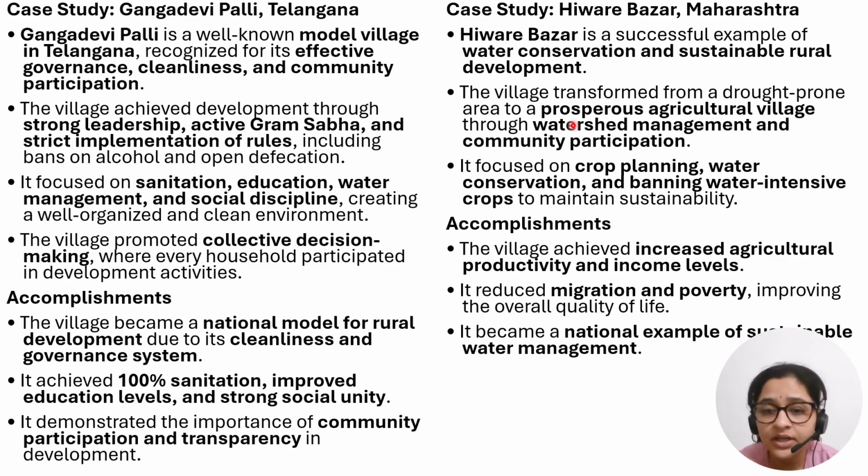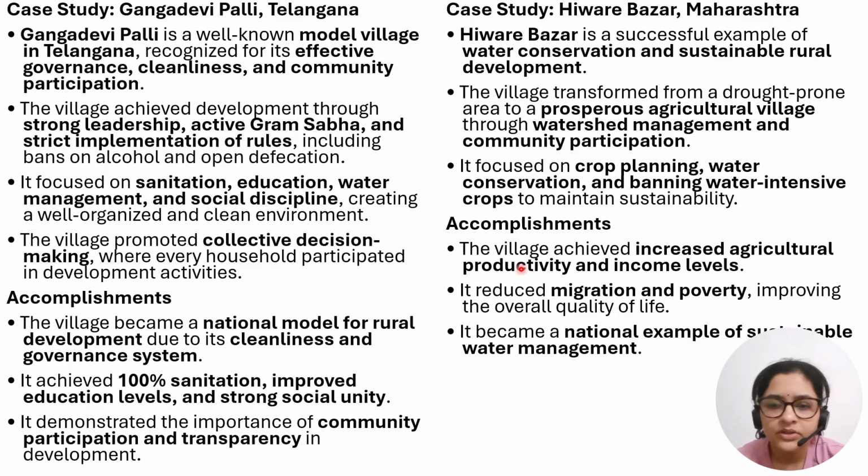The village has transformed from such a stage to a prosperous agricultural village through watershed management and community participation. From a no-water village to a good-water village, it transformed only by managing the water properly. It focused on crop planning, water conservation, and banning water-intensive crops. By using all these methods, they have removed the drought from the village.